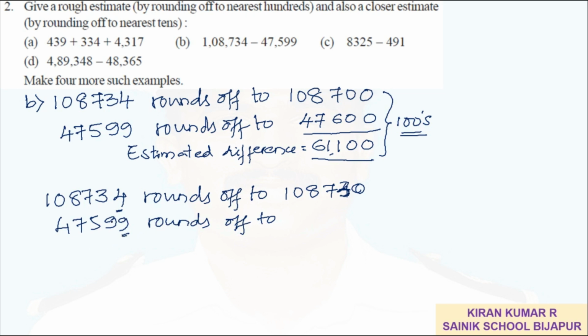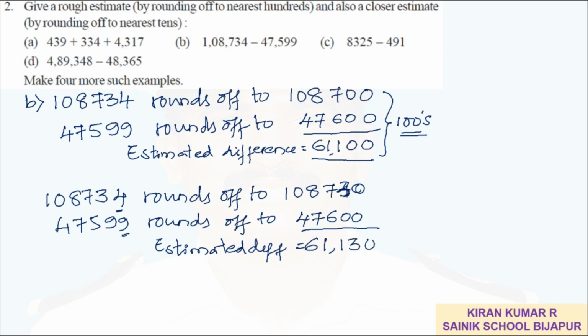It becomes 10. So 9 plus 1 is again 10. It becomes 47,600. Now you find the estimated difference. The difference is 61,130. This is when we have rounded off to the nearest tens.